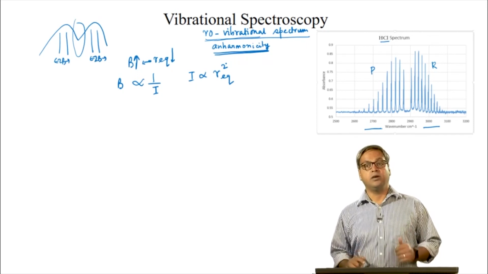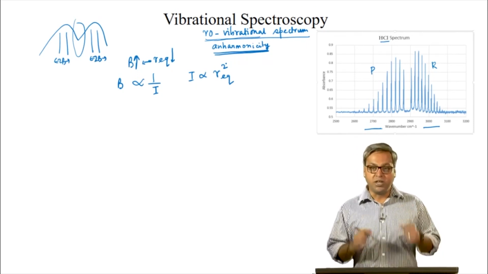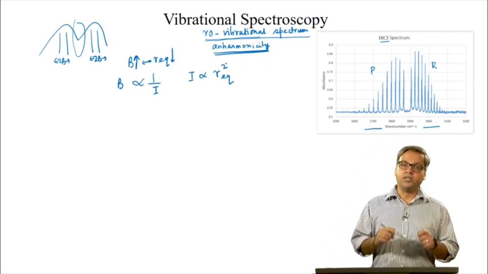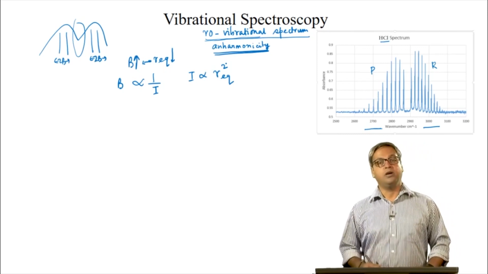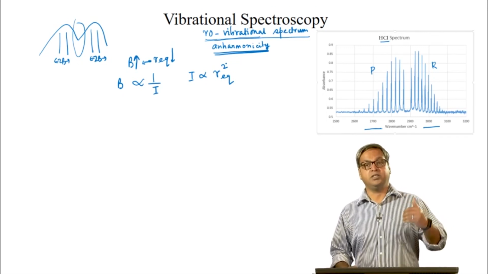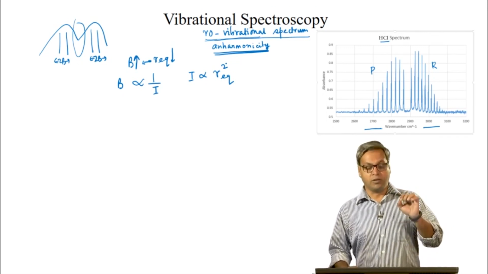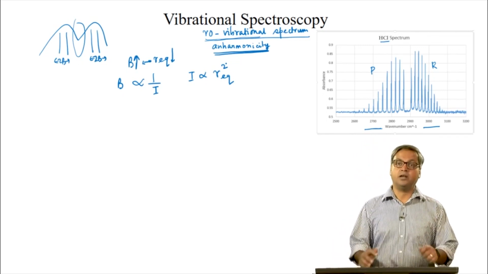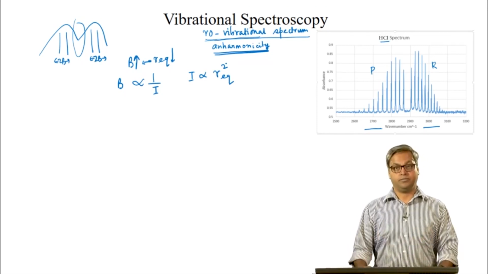In a sense, we can say that the rotational energy is not independent of the vibrational state. As the rotational energy is dependent on the vibrational state, they are coupled to one another.